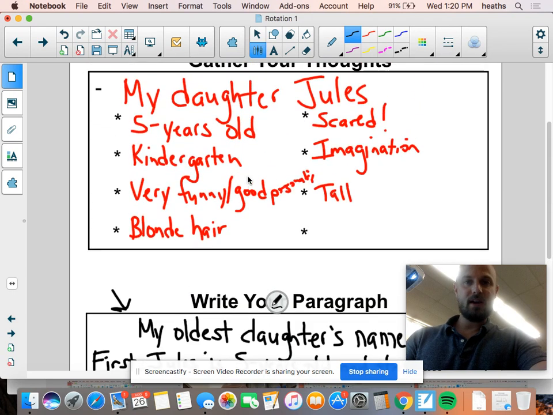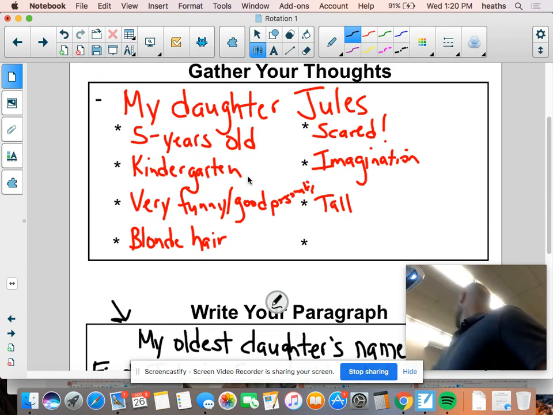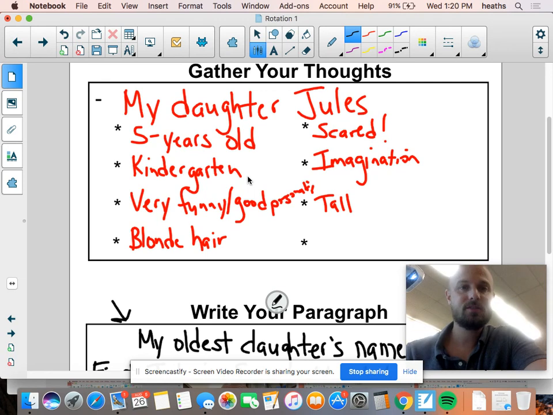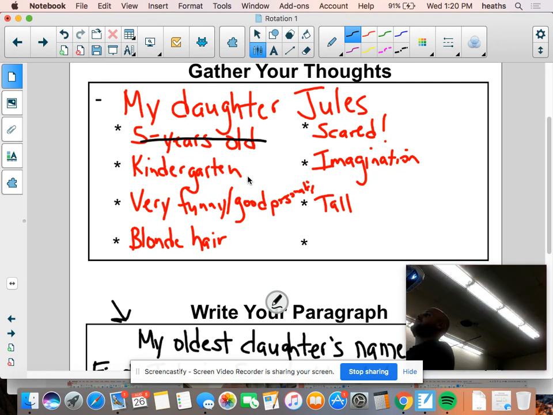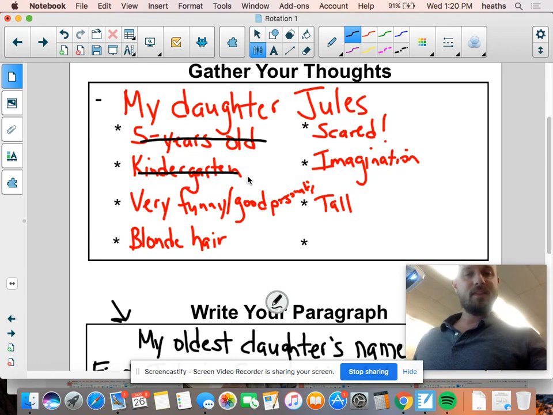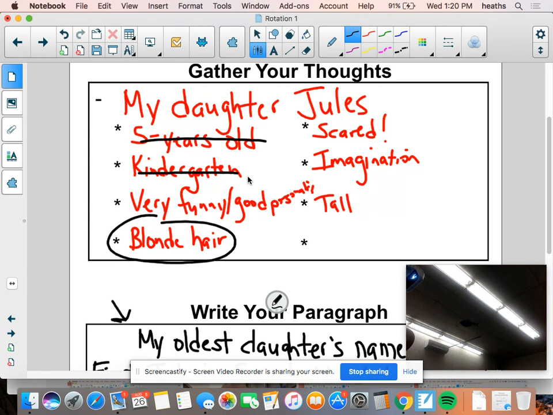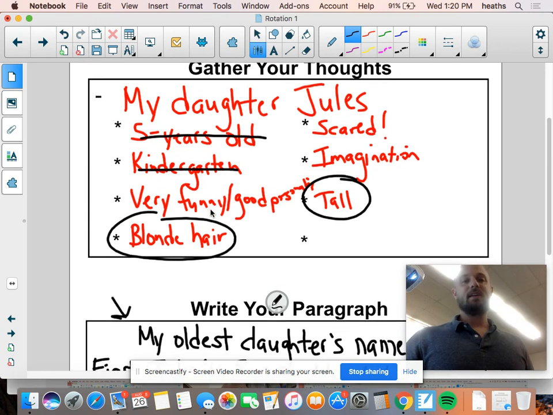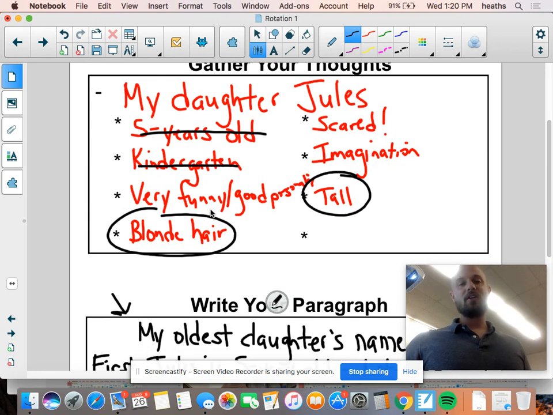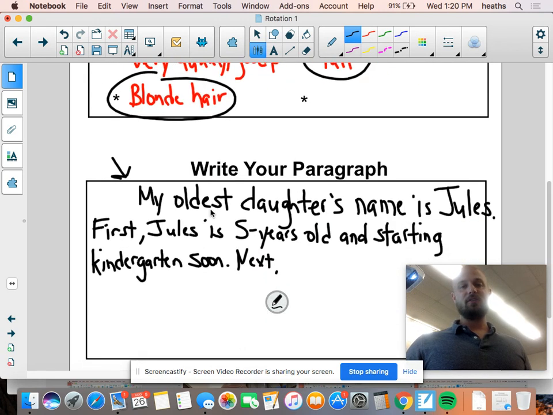So let me scroll back up and take a look. I already discussed her being 5 years old, her being in kindergarten. Maybe now I'm going to talk about what she looks like. So let's do blonde hair, and she's tall. That's what I'm going to do for my next couple of things. Remember, you don't have to write your paragraph in the same order as how you listed them.